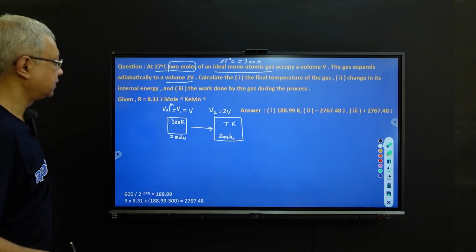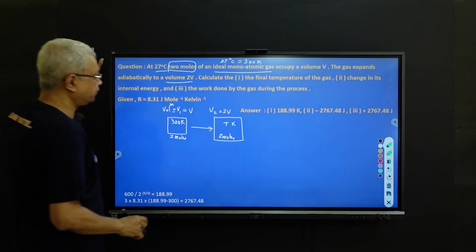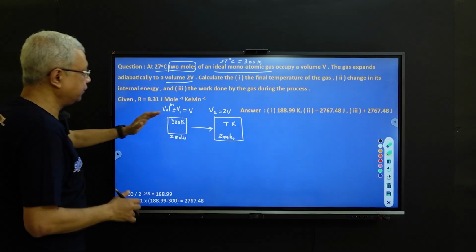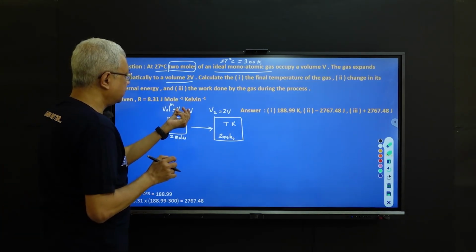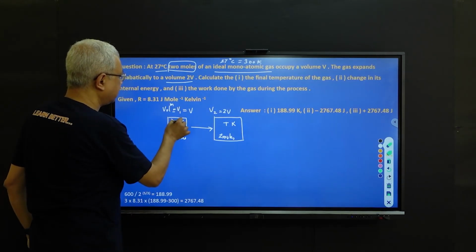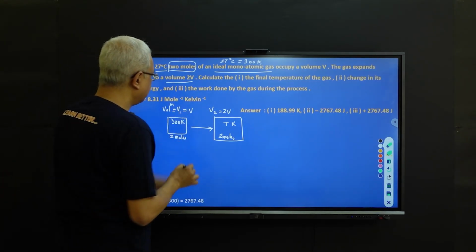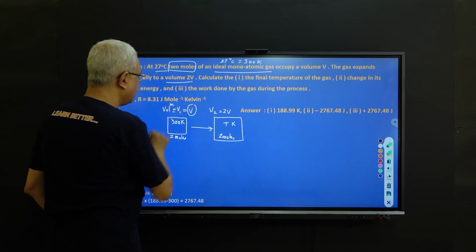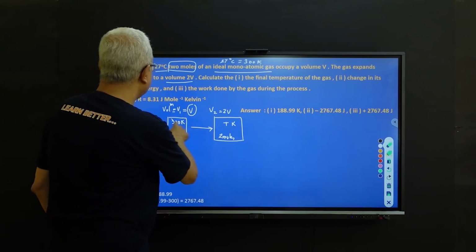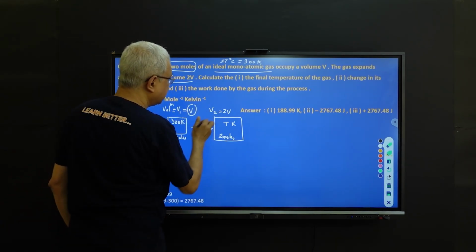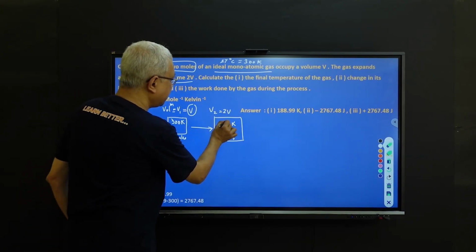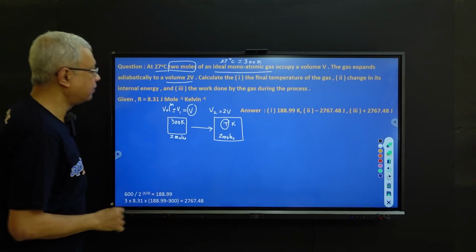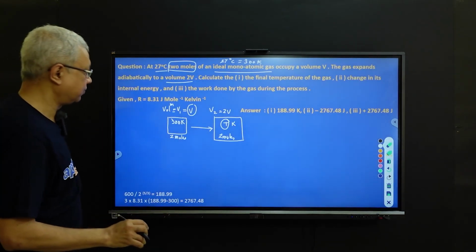Now during this process, the volume of the gas occupied at 300 Kelvin is V, and these 2 moles of gas expand adiabatically to volume 2V, and the final temperature is T Kelvin. We have to find the value of T first, in the first step.